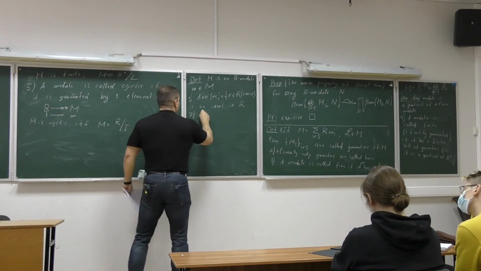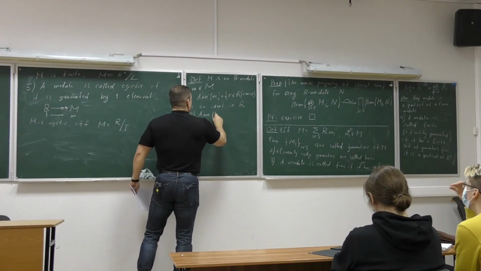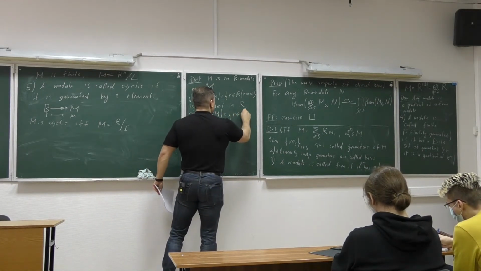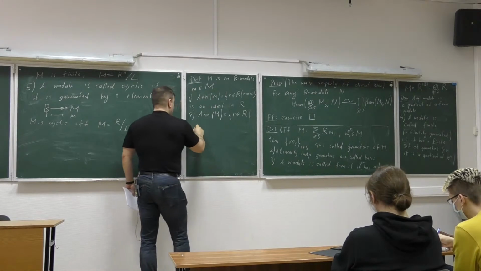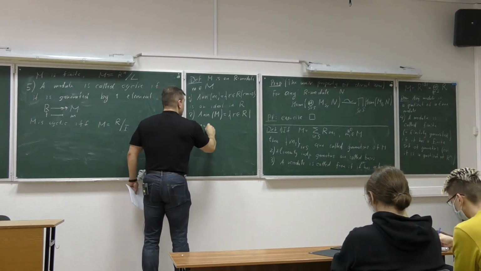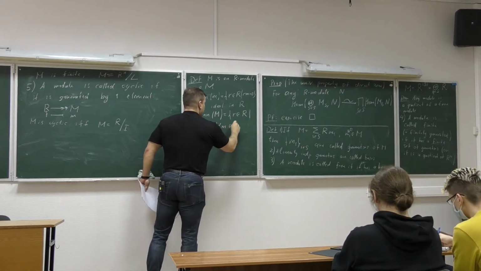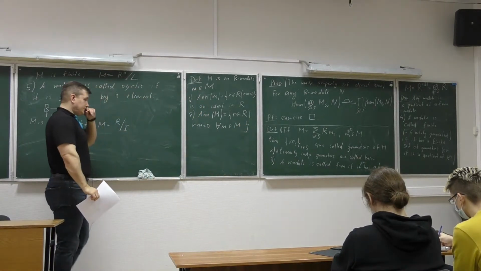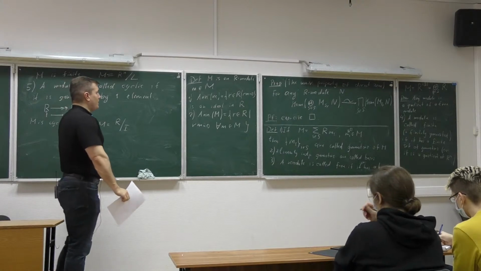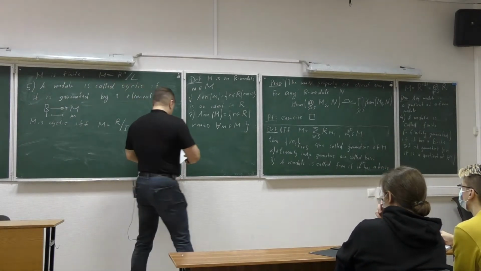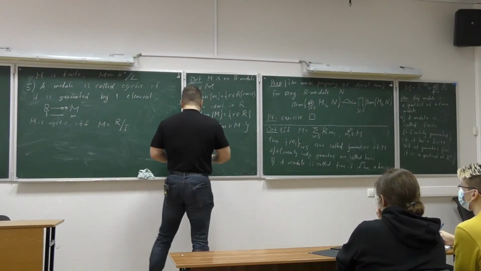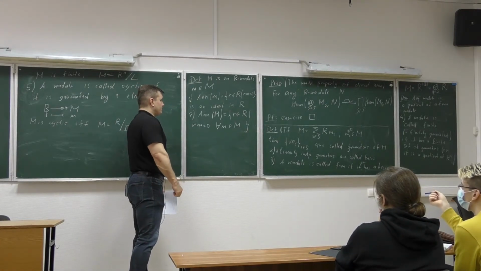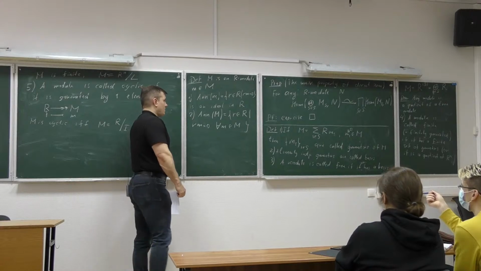Now we can define the annihilator of the whole module. The definition is almost the same: all elements r in the ring R such that rm is equal to 0, but now this has to be true for each m in M. But you can do even better.